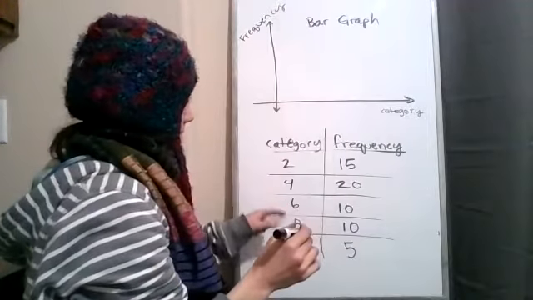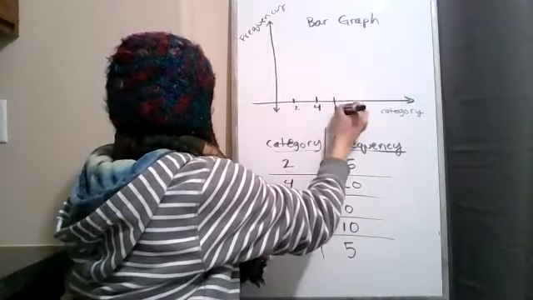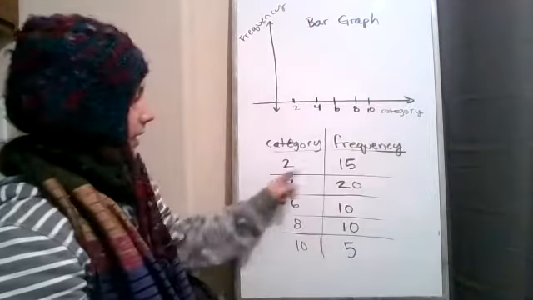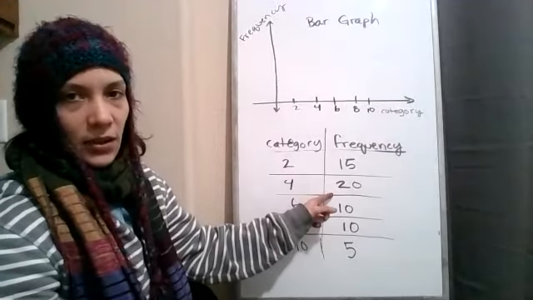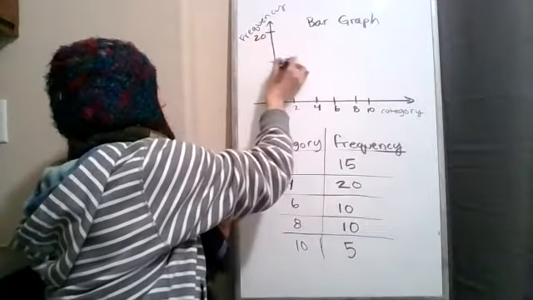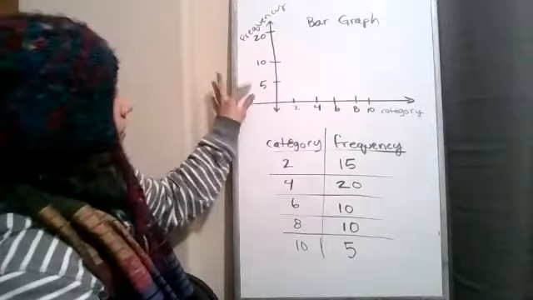So we have 2, 4, 6, 8, 10. And then we need 20 on this graph, so let's make this 20. Halfway will be 10. Half of that is 5. So 5, 10, 15.